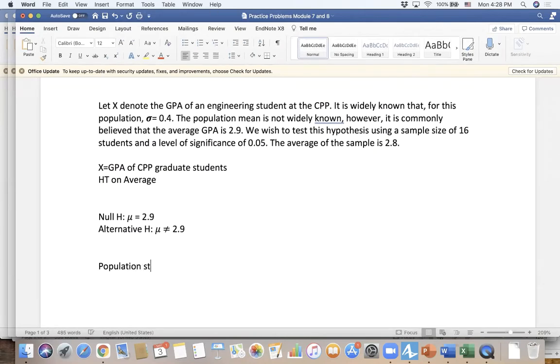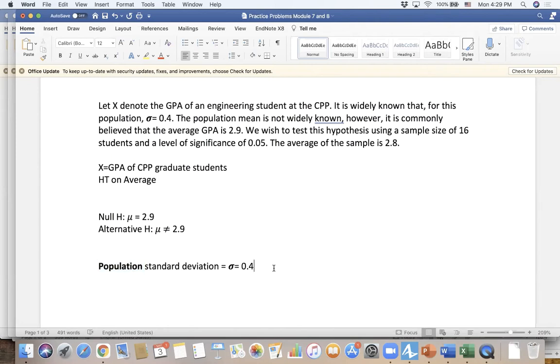Very good. That's the population standard deviation, or sigma. That's population, not sample. Population standard deviation or sigma is given to us.